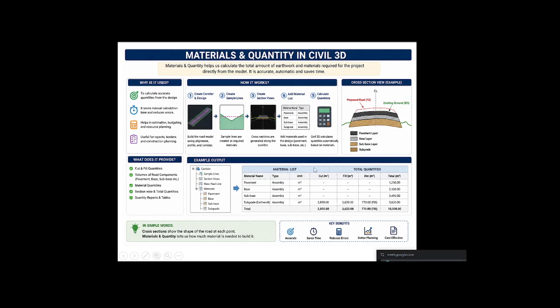All the calculated quantities are organized into a professional BOQ report, and this report can be exported in whatever format you want, like Excel format, or like PDF format. It is also used for estimation work, tender preparation work, billing work, and construction planning work.